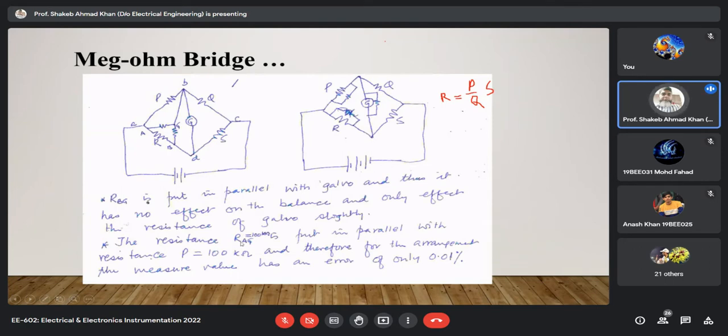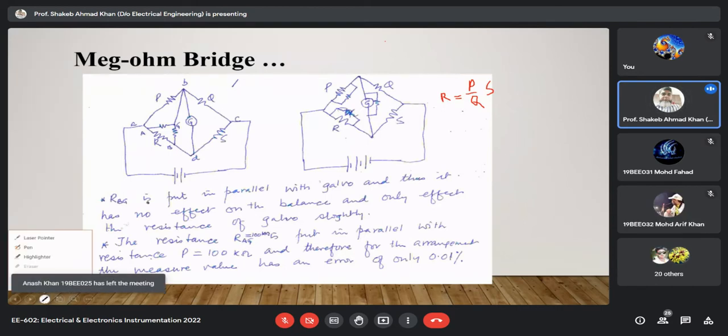Now I want you to calculate what is the modified value of P when we have these two resistances in parallel. So this is your P dash basically.